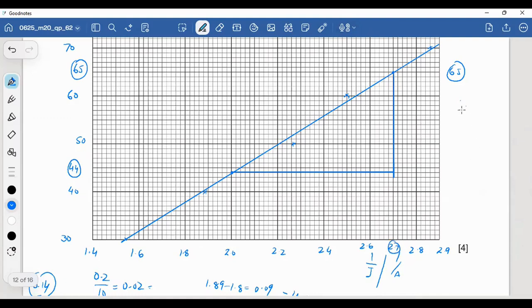So how to find the gradient? Very simple: y2 minus y1 over x2 minus x1. y2 is 65, y1 is 44, x2 is 2.7 and x1 is 2.0. So 65 minus 44 is 21, and 2.7 minus 2.0 is 0.7.